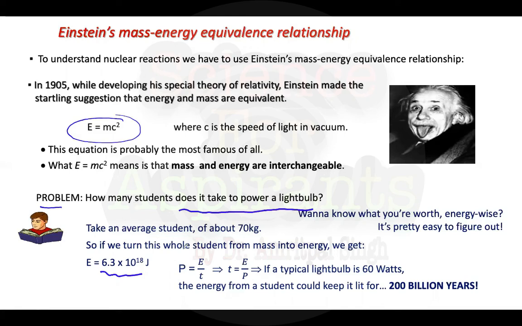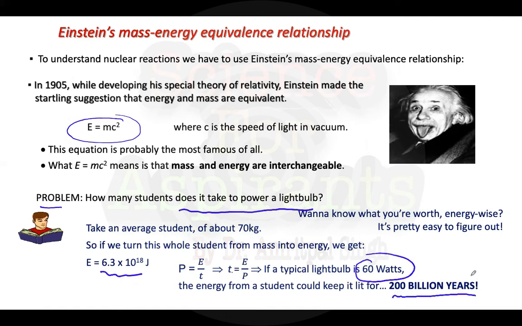And if we consider the power of a light bulb, that is around 60 watt, from that we can find the value of t. So the energy from a student could light up a 60 watt bulb for these 200 billion years.